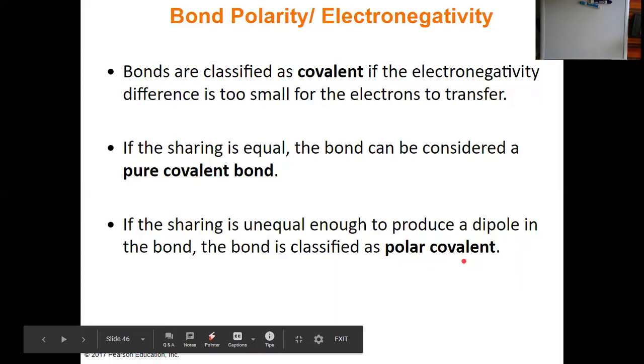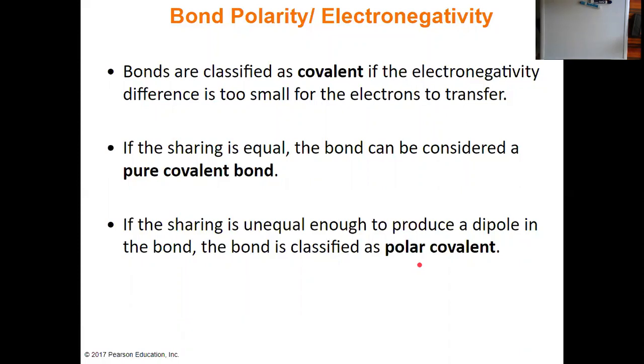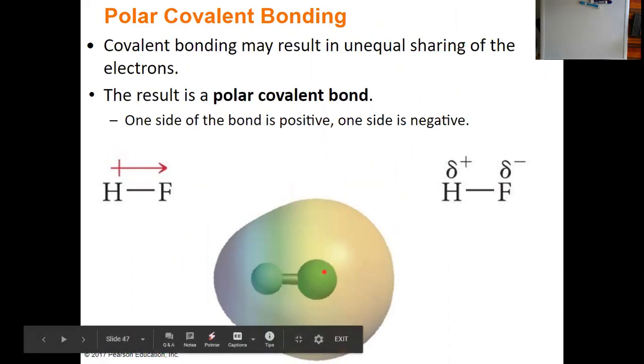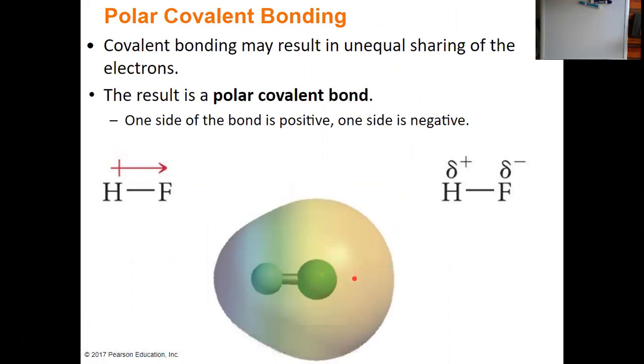So something like water, where you have a positive end and a negative end, that's a polar covalent bond, right? That unequal sharing. Here's another example. You have something like fluorine, which is highly electronegative. So it's going to pull all the electrons towards itself, okay?